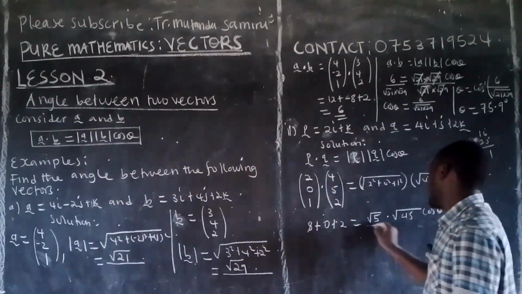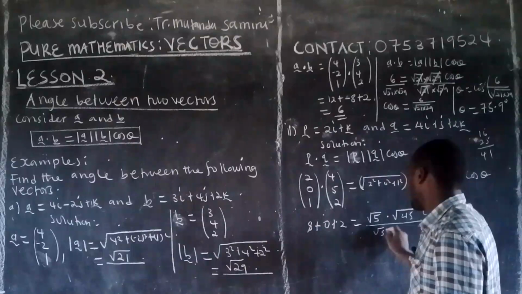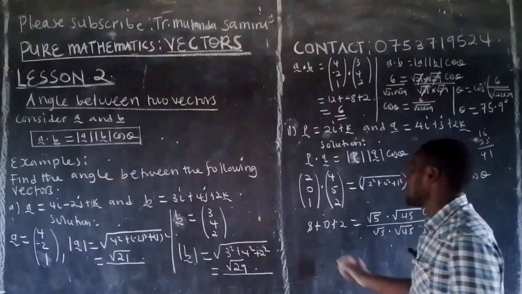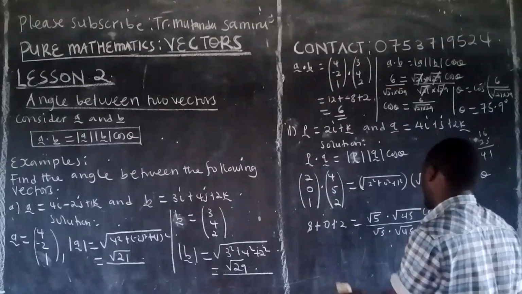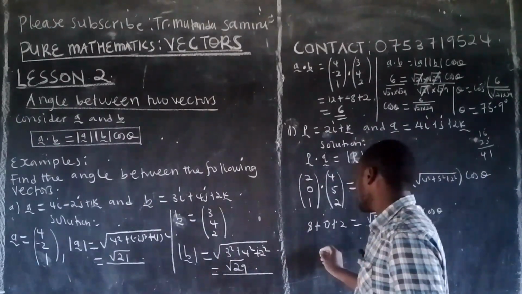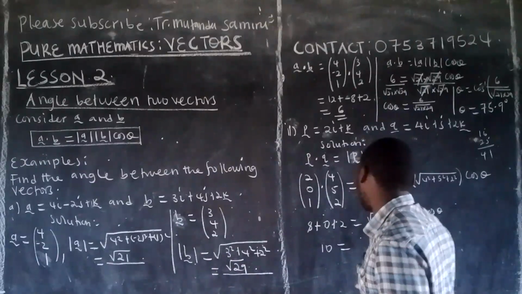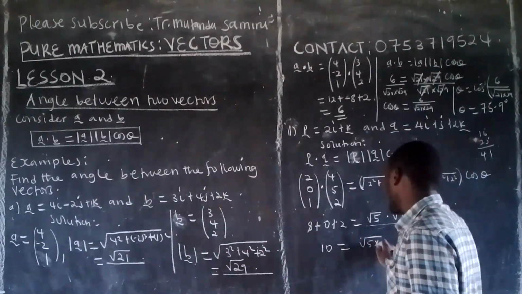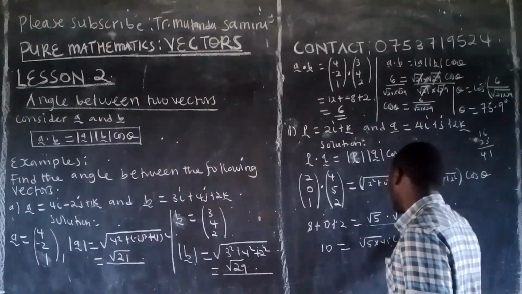Simple trick: let's simplify here. 8 plus 2 is 10, which is equal to the root of 5 times the root of 45, times cos of theta.